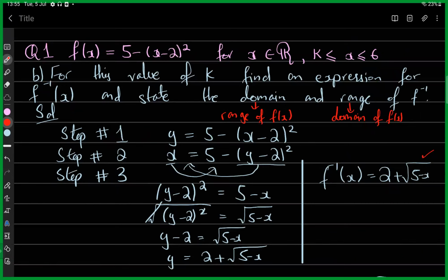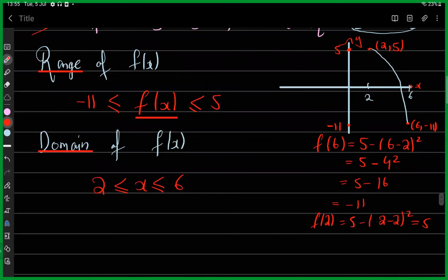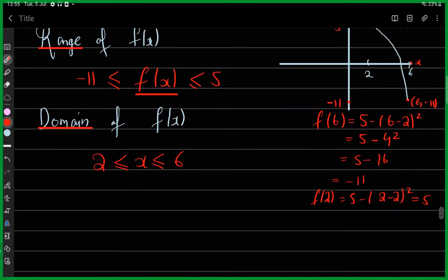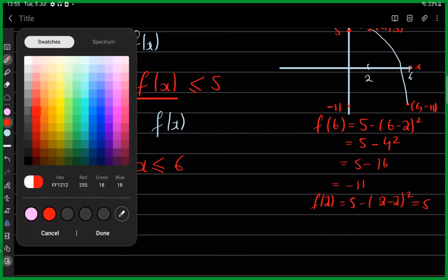We are done with that, and state the domain and range of the inverse function. So this was basically the question. Now, according to the rule that we discussed yesterday and I've told you today as well, I'll be writing it down now.